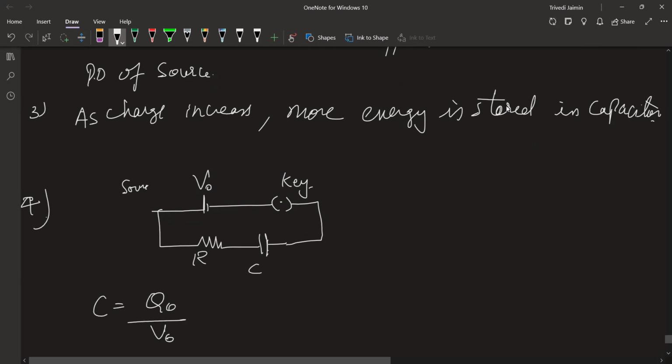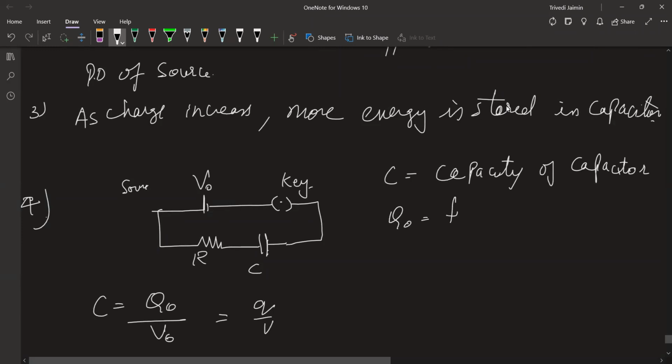And what are this Q naught, V naught? C is the capacity of the capacitor. Q naught is the final charge, or fully charged capacitor.